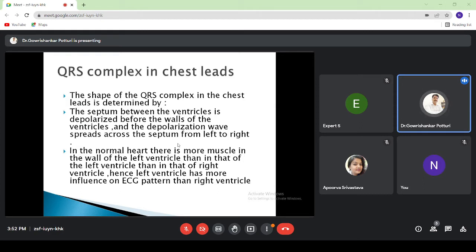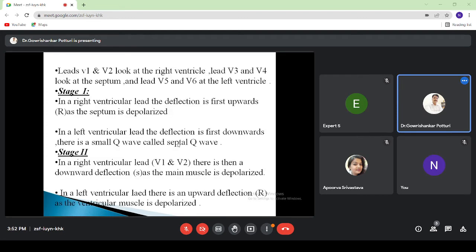Hence, the left ventricle has more influence on the ECG pattern than the right ventricle. Now, V1 and V2 look at the right ventricle. Leads V3, V4 look at the interventricular septum. Leads V5 and V6 look at the left ventricle.